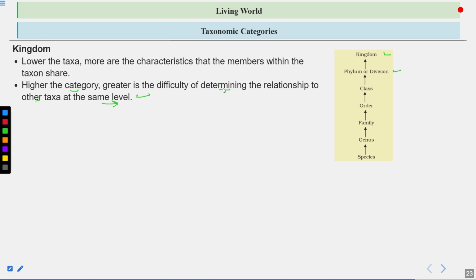Clear? Because the similarities are very less, there is a difficulty in determining the relationship to other taxa which are at the same level.